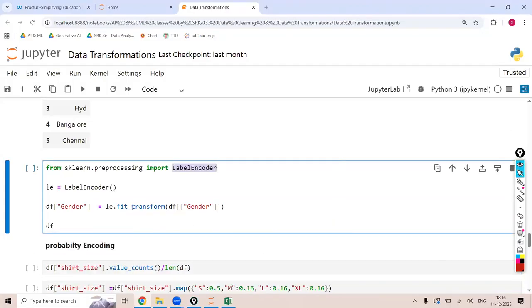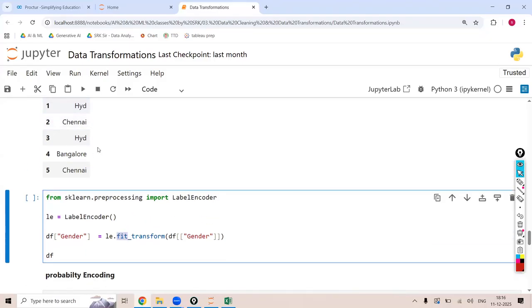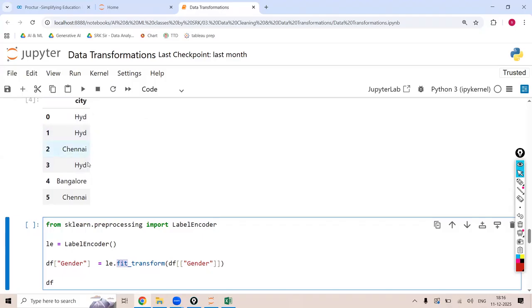Here, from sklearn.preprocessing, I am going to import the LabelEncoder; that is the function name. Whatever you have imported from sklearn has to be applied with fit. Fit means calculate, that is, calculating the number of unique values. The unique values are Hyderabad, Chennai, Bangalore.